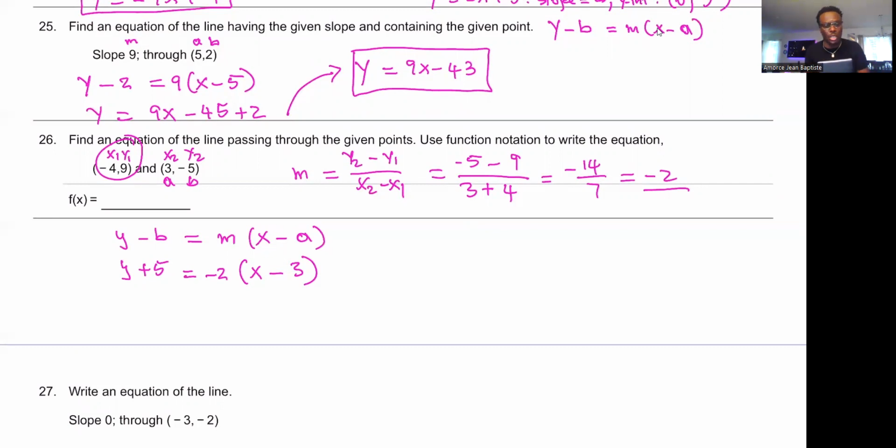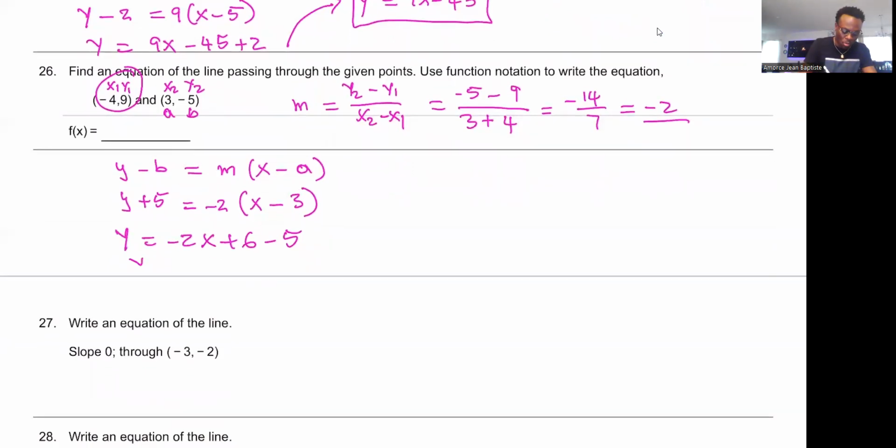After simplification, your answer will end up being the same as the one who used the different A, B. So it's okay. Don't worry about that. And then y equals -2x plus 6 minus 5. I subtracted 5 on both sides, and y equals -2x plus 1. That is the equation in slope-intercept form.